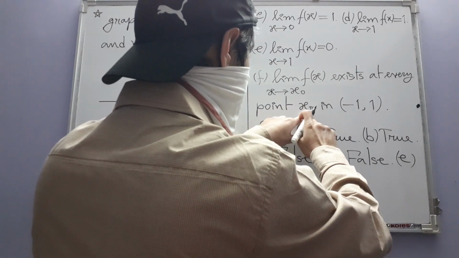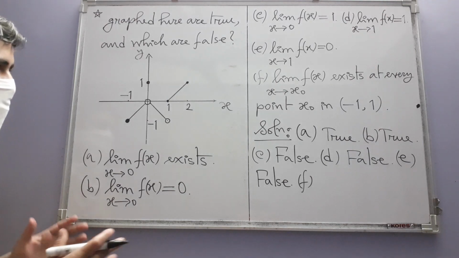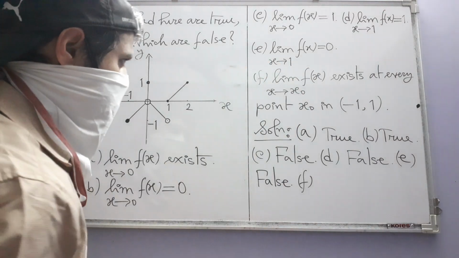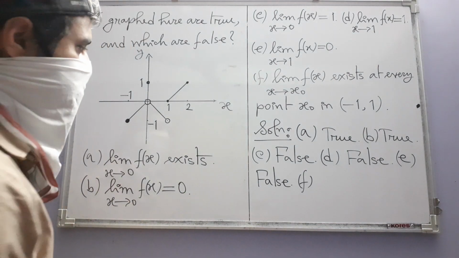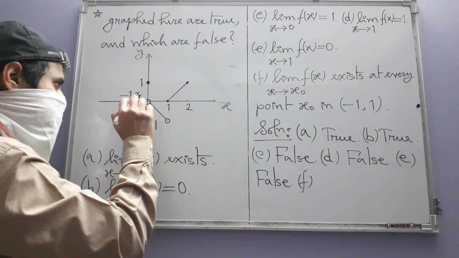When x0 is a real number in this open interval -1, 1, then what happens to this limit? Say we arbitrarily take one x0. Say we take x0 here. So this is our x0.